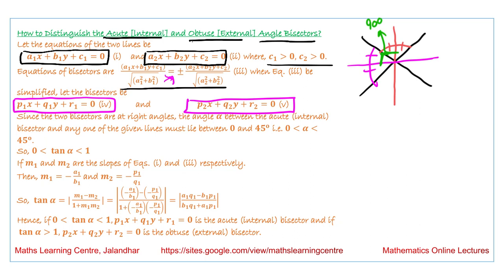So if we calculate the angle between this line and the acute bisector, and name this angle alpha, then clearly alpha will lie between 0 and 45 degrees. That is, the value of tan alpha will lie between 0 and 1.